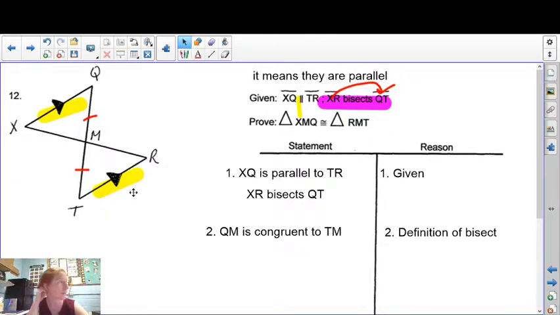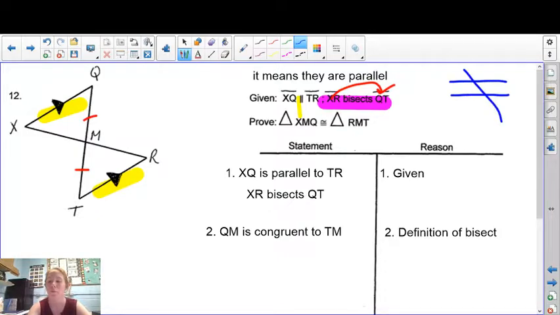So maybe my angles have something to do with the parallel part. Well, if you recall, way back in the day when we did it with parallel lines, I knew that opposite interior angles were congruent. I'm doing a really terrible job of trying to put that where I want it to. I knew the opposite interior angles were congruent to each other.